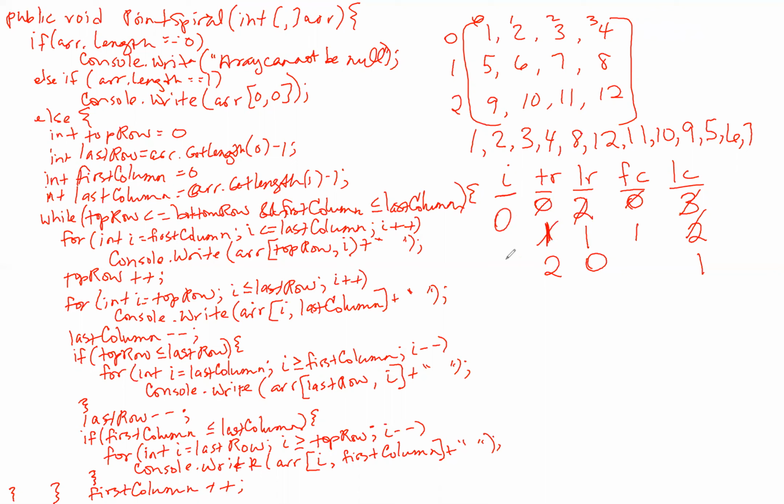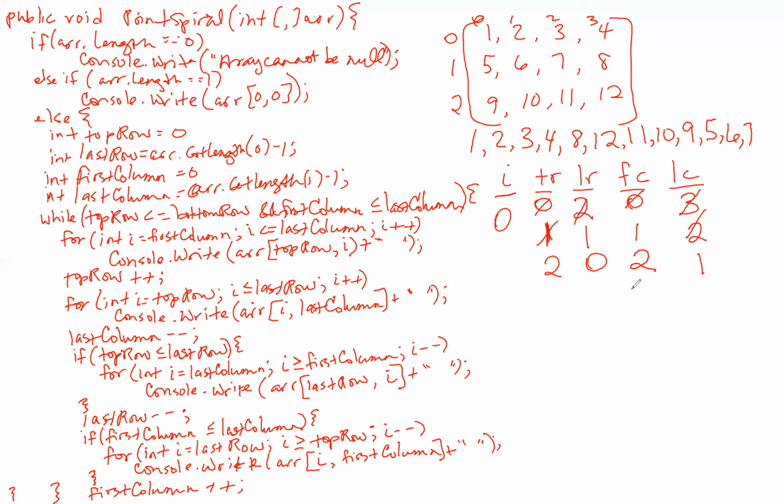So we don't go into this, and first column plus plus. Okay. So we go into our while loop up top and we say top row is less than or equal to bottom row. So here top row is 2 and last row is 0. And so that condition doesn't meet. So we would automatically get out. First column is less than or equal to the last column as well. Well, yeah, so we would have to evaluate both of those.